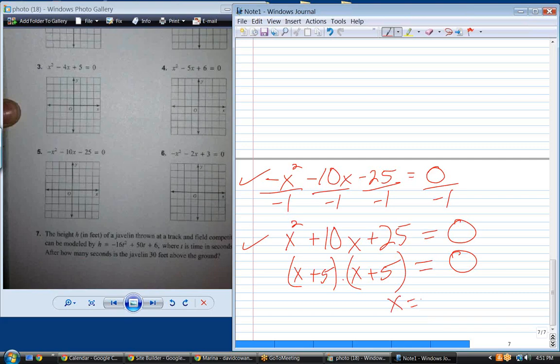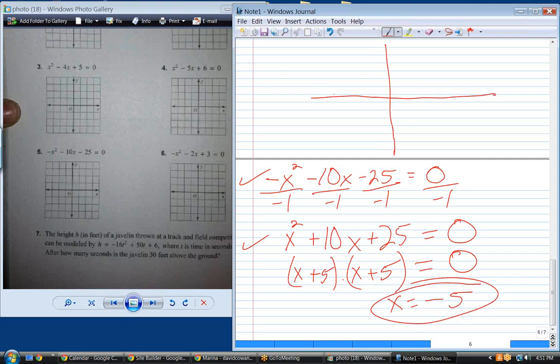X equals -5. Right. And there's only one solution. That means, again, we're dealing with a quadratic that only touches the x-axis in one spot at -5. So there's our solution, and we got it by just factoring it.